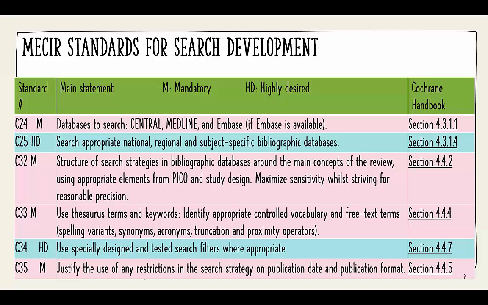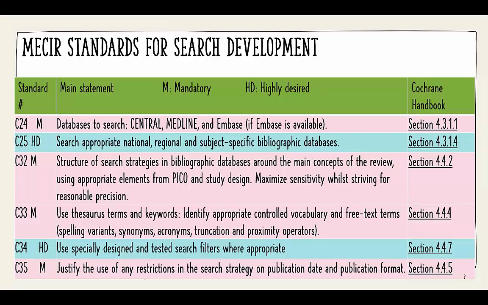And of course, it lists more details than just that. Whereas Cochrane actually says you will search this, this, and this. So that's where we see a difference between how do you conduct the review versus how do you report the review. So here we see that they list Central, Medline, and Embase.